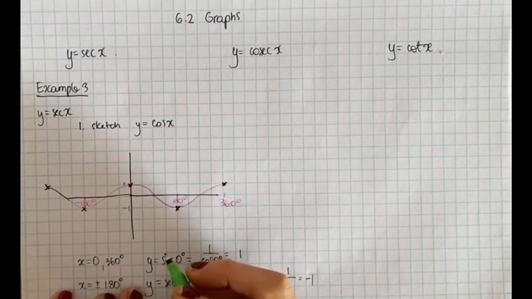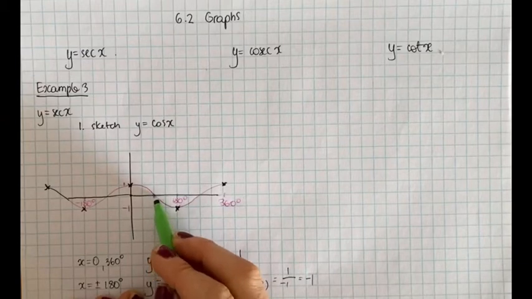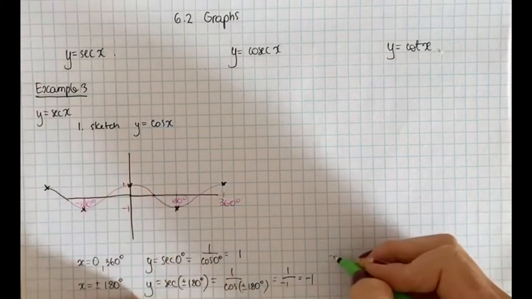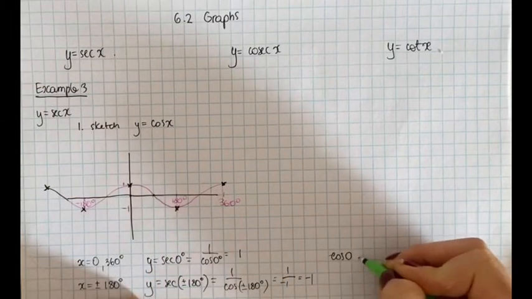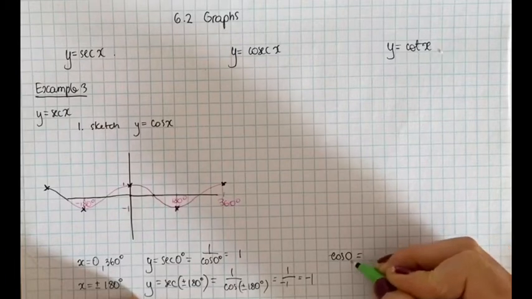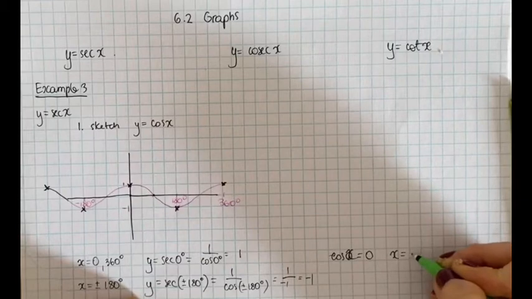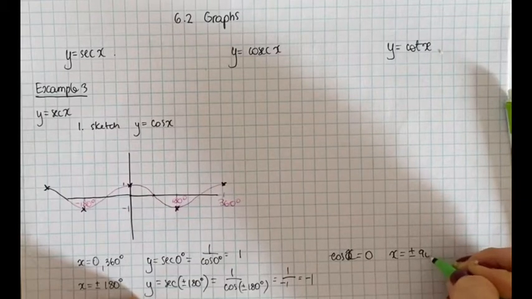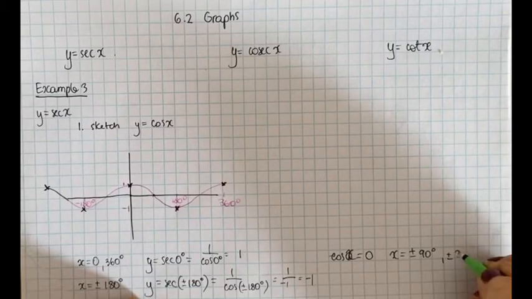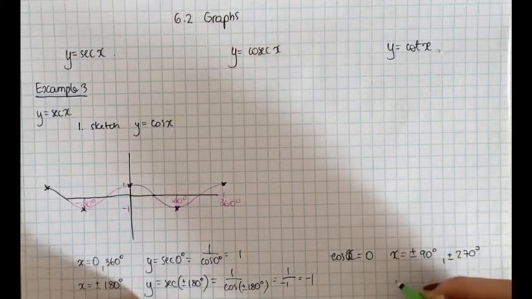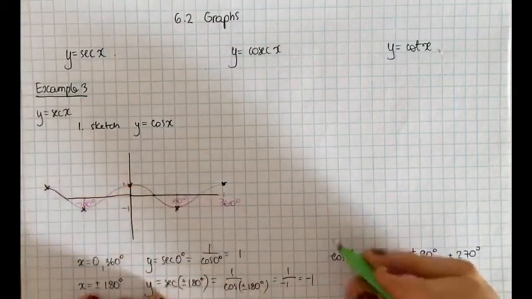Okay, now what happens when cos is equal to 0? So when cos x is equal to 0, then x is going to be equal to plus or minus 90, plus or minus 270, etc. So what will happen to our sec?